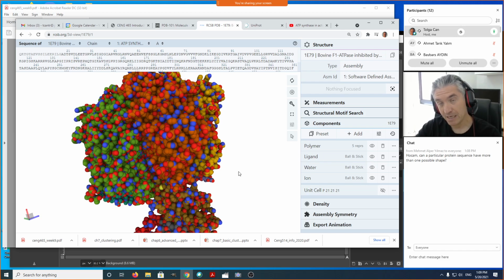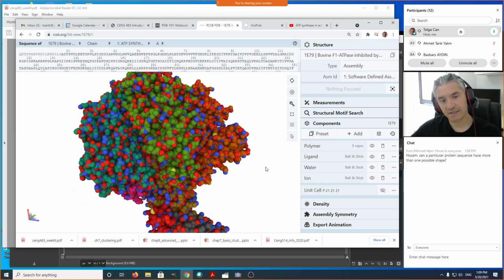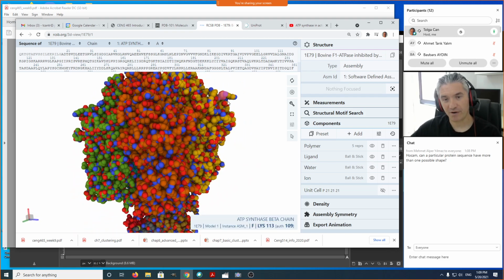Or if you take a membrane embedded protein in its native site, which is in lipid environment, if you put it in water, it may take a different shape because these amino acids have different physiochemical properties.